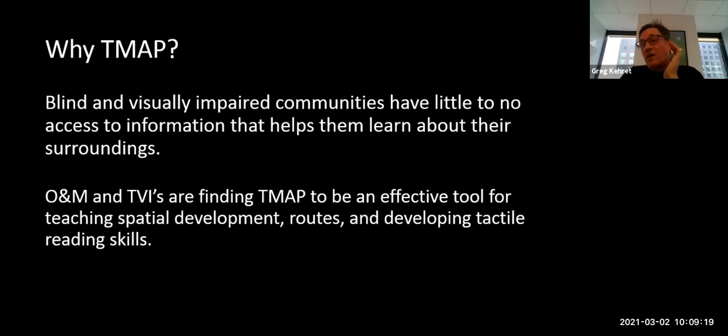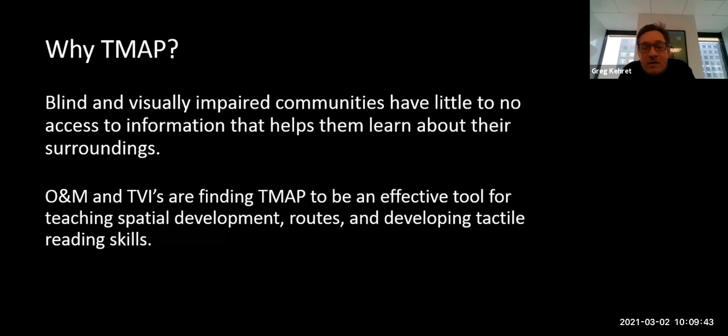Why Tmap? Well, because blind and visually impaired communities have little to no access to information that helps them learn about their surroundings. Certainly not to any of the visual aids that sighted people take for granted, maps in particular, which are fairly ubiquitous.